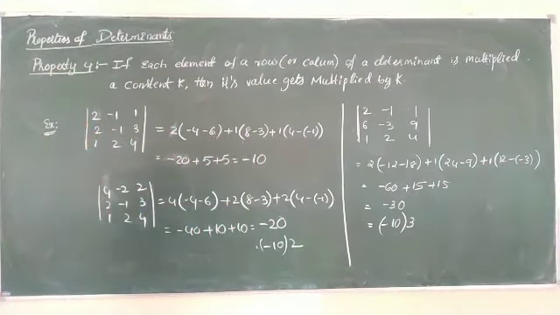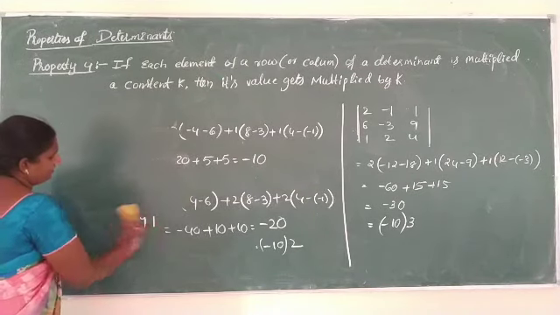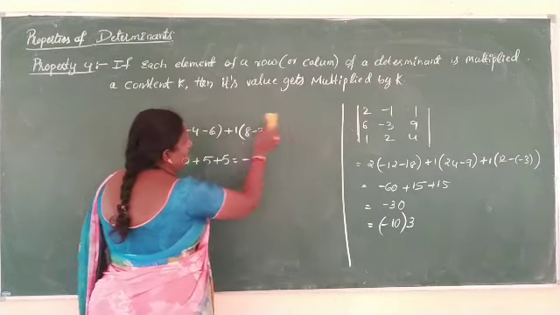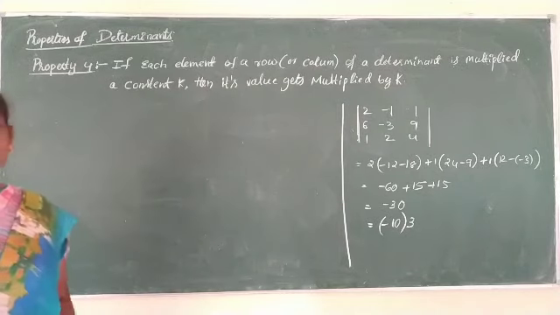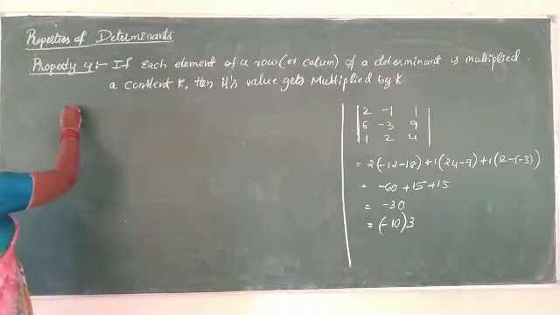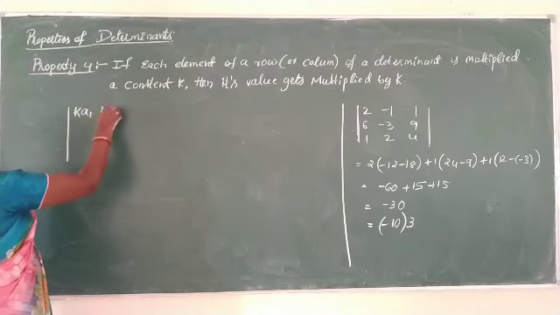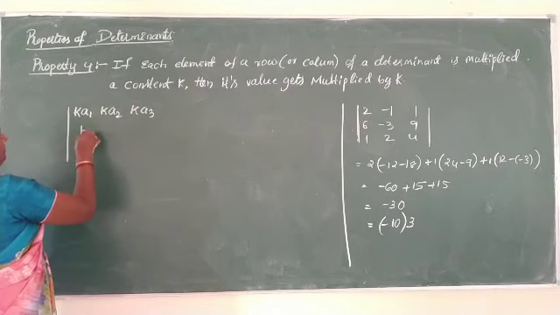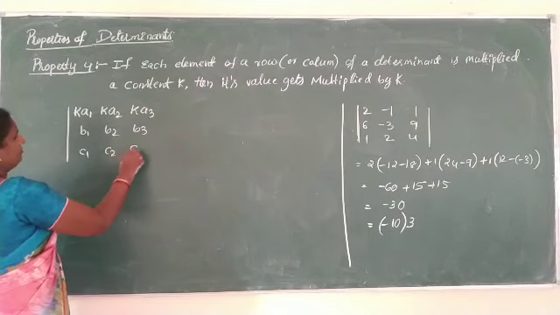Now theoretically, how can we write this? I think you understood the property. After understanding this property, let me explain how to write it theoretically. Theoretically we can write it as each and every element of a row multiplied by k. So let us write the first row as ka1, ka2, ka3, the second as b1, b2, b3, and the third as c1, c2, c3. If we have it in this form, we can write it as k into the determinant of a1, a2, a3, b1, b2, b3, c1, c2, c3.